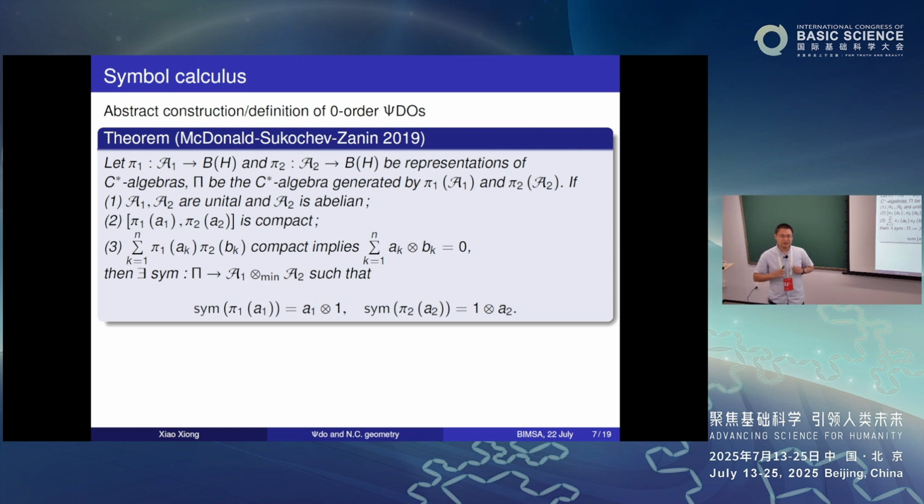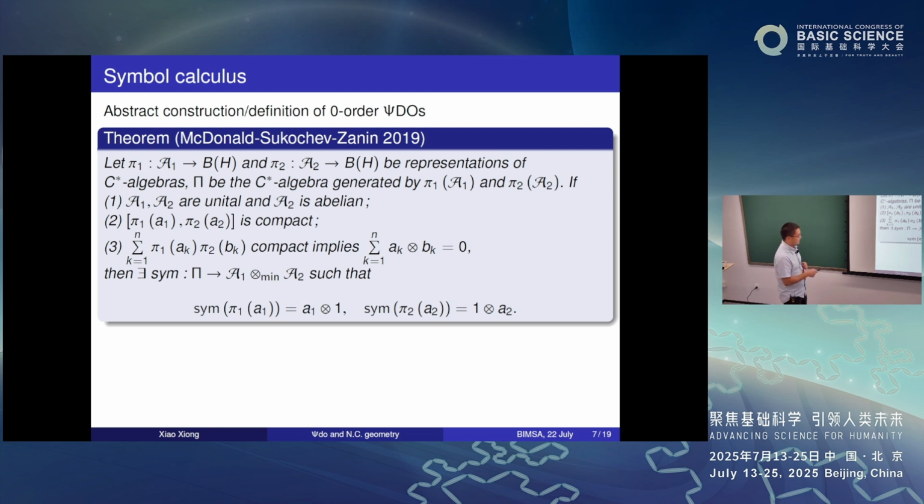Then we do the commutator. Then the symbol calculus formula will tell us that this commutator is also a pseudo differential operator, but of order -1. So in this sense, this is compact.